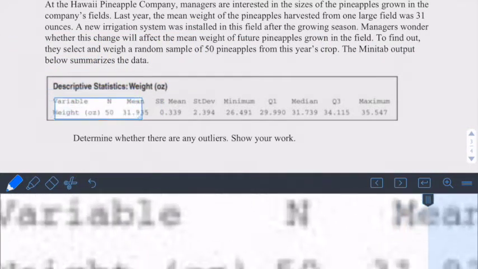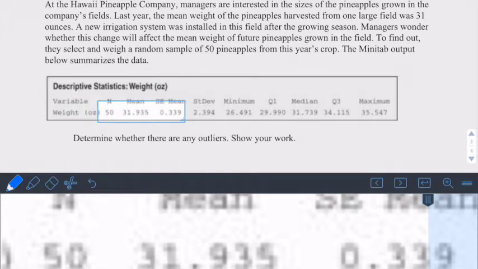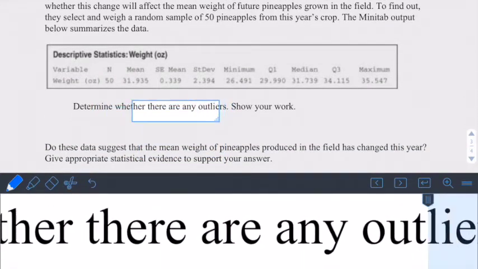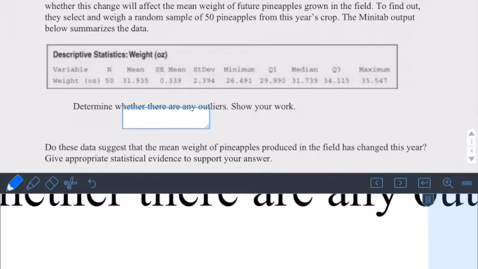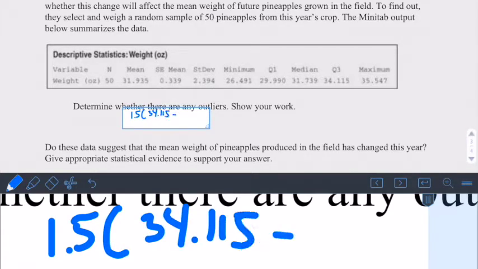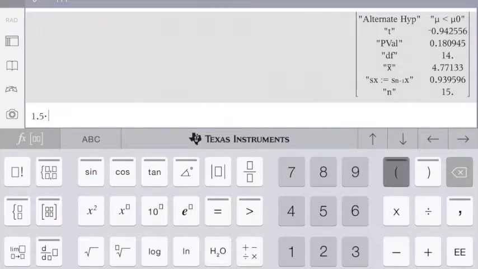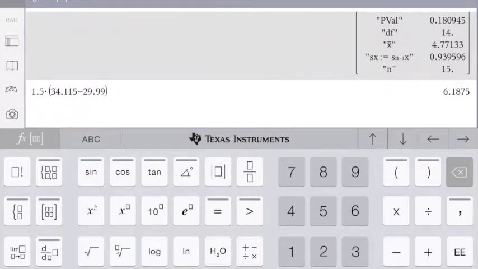So here's our data. We have our mean is 31.9, which is slightly larger than 31, and we want to determine if there are any outliers. So first of all, we have to do our 1.5 times the IQR rule. So we need, and then we need this above the third quartile and below.